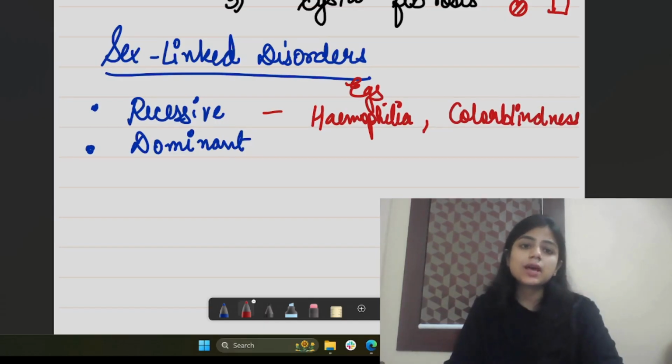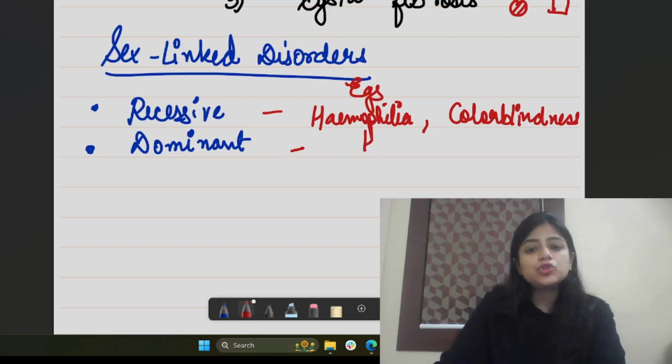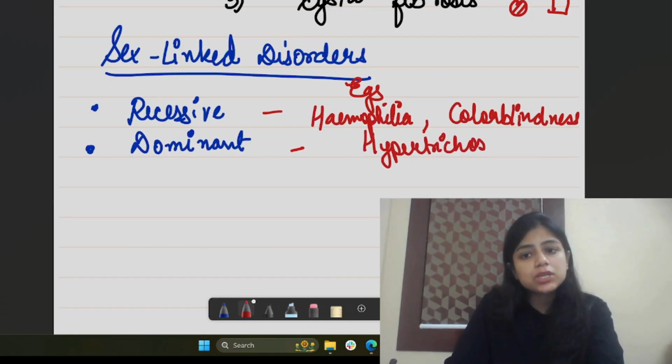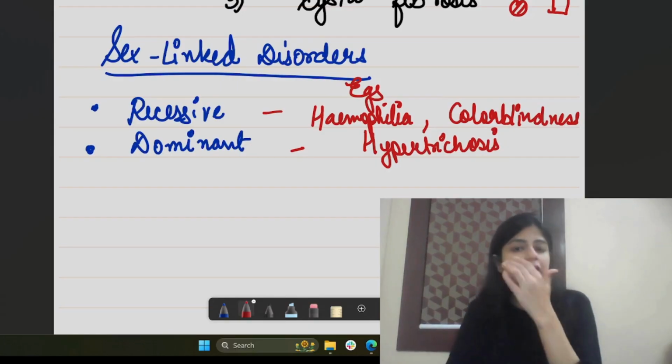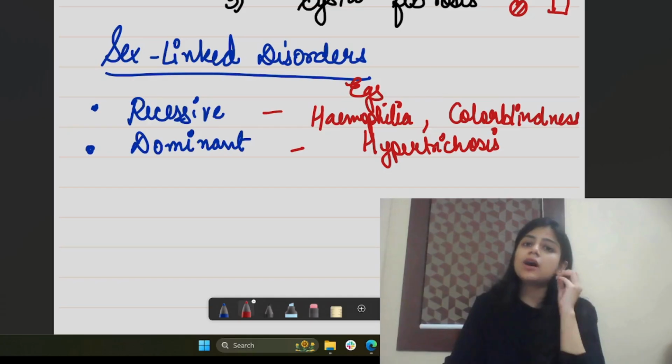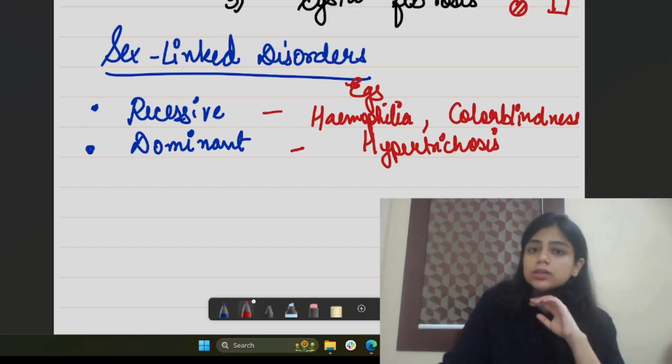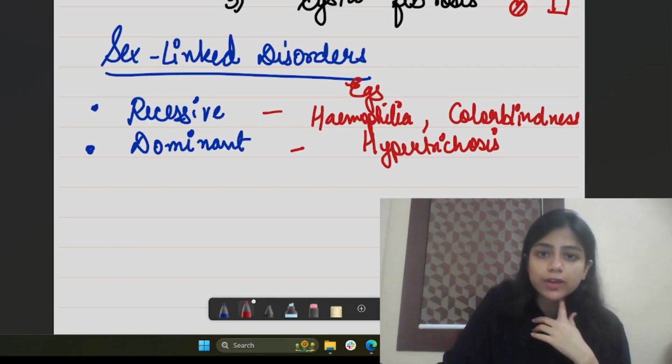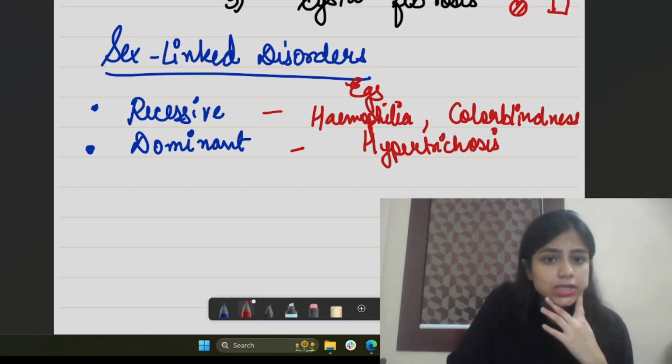That is the first example. However, if I'm talking of the dominant trait, we usually consider it to be hypertrichosis. Sometimes in males, it has been seen that hairs come out from the ear. That is the example of hypertrichosis.